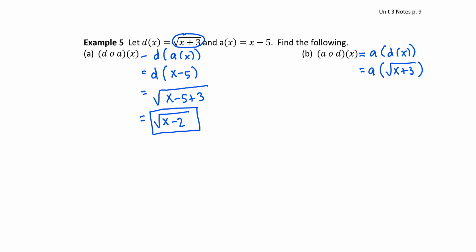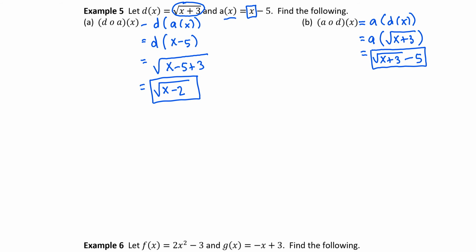Okay, interpreting the code here, now it says go to the function called a and plug in the new argument where you see the variable. So I'm going to take that square root of x plus 3 and put it in that blue box. I get the square root of x plus 3 minus 5. Now, some of those numbers are under the radical. The 5 is outside of the radical, so there is nothing there that I could combine. So I am done with that problem.